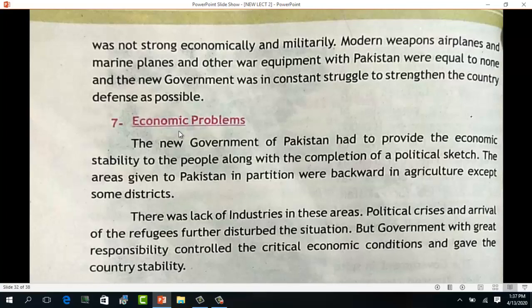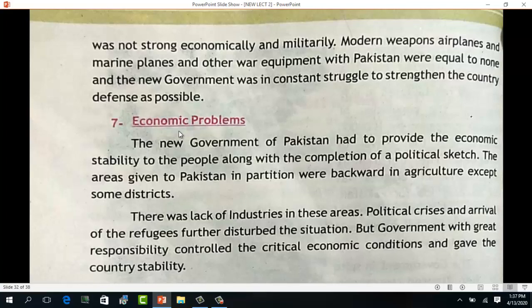in the division of industries after independence in 1947, total industries in the subcontinent were 921. Remember, how many industries in the subcontinent? Total 921. Of these 921 industries, the total share of Pakistan was 34.